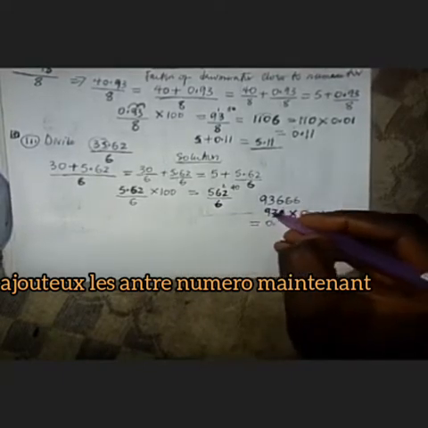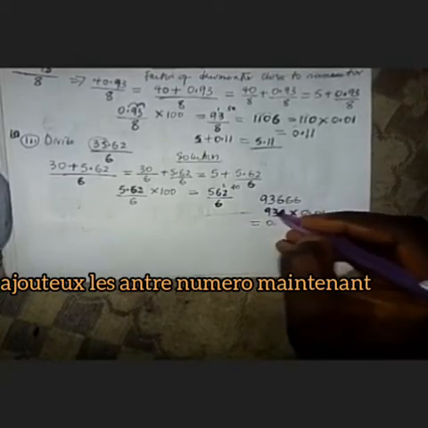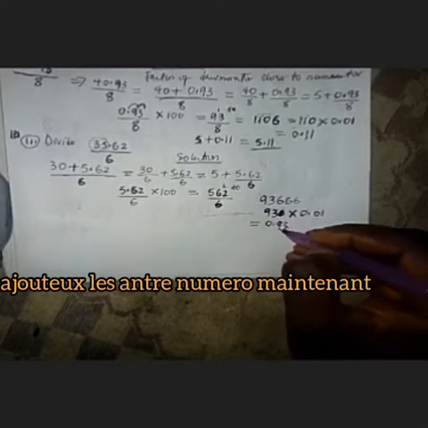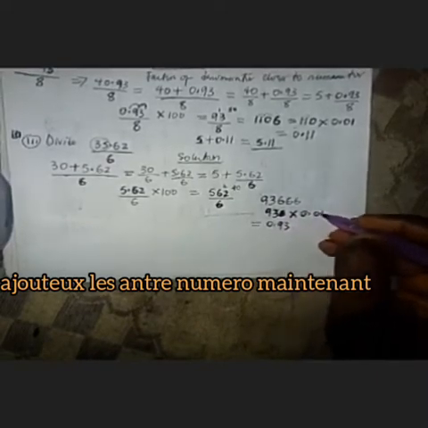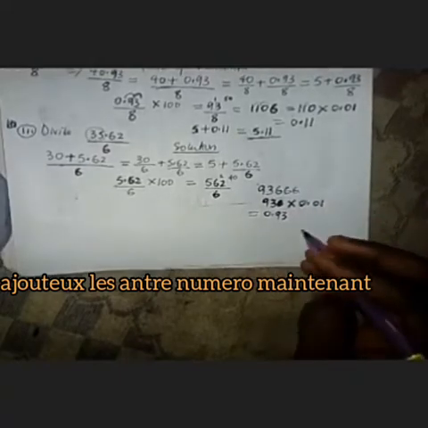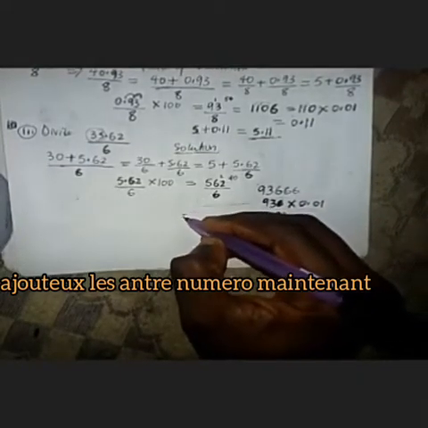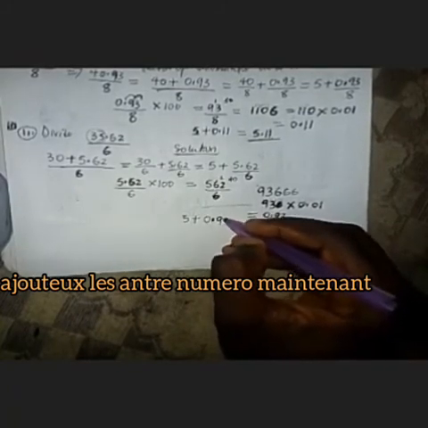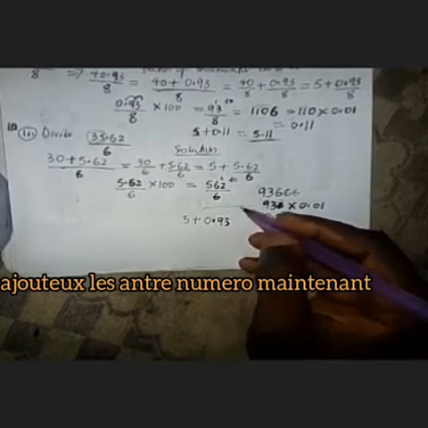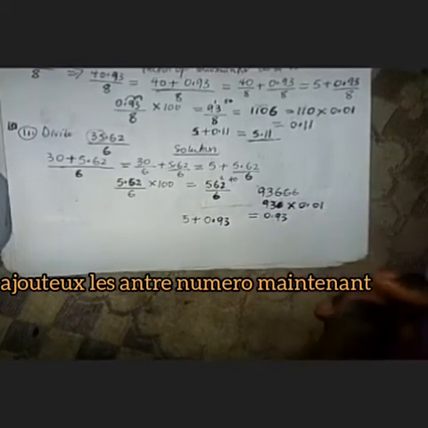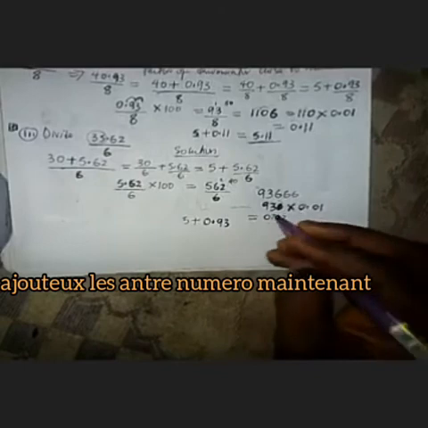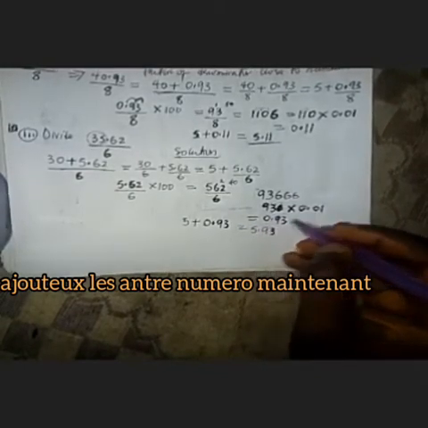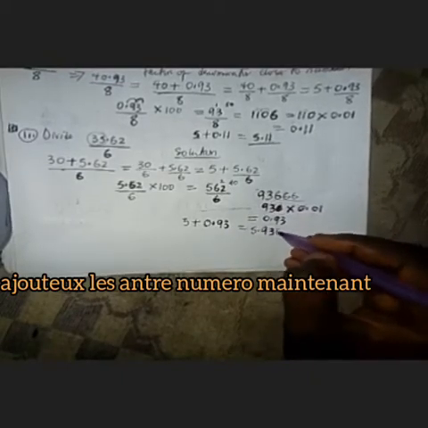So the best thing is to leave it in 2 decimal places. So 0.93. 5 plus 0.93, that will be 5.93. So if you now want to add these numbers there, we can add it beside it. 666.